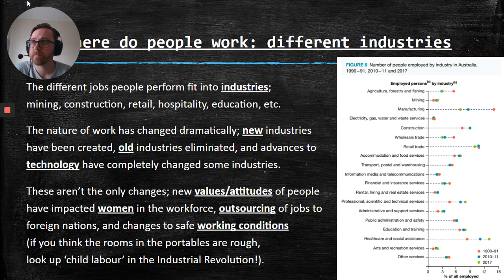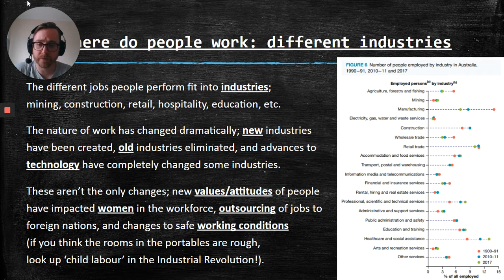So what's a good example? So Netflix. Before we had Netflix, back in Mr. Tapley's days when the dinosaurs roamed the earth, we had something called Blockbuster Video. So you'd actually have to go and get a physical copy of a TV show or a movie. And as a new industry was created, so digital media with Netflix and Hulu and Amazon Prime and all that, old industries have been eliminated.